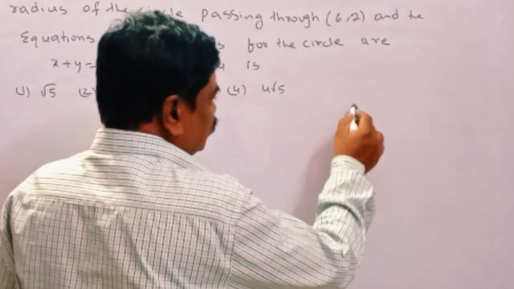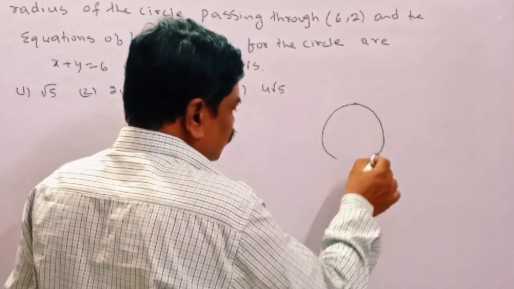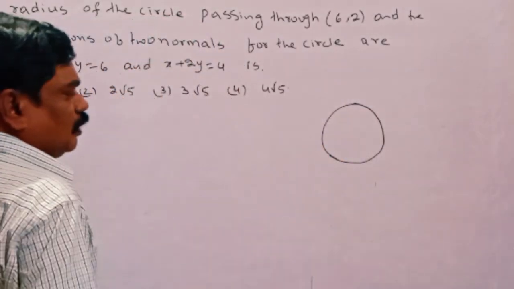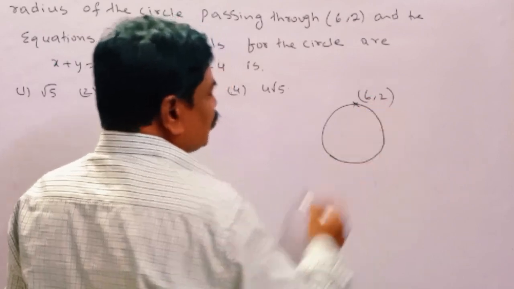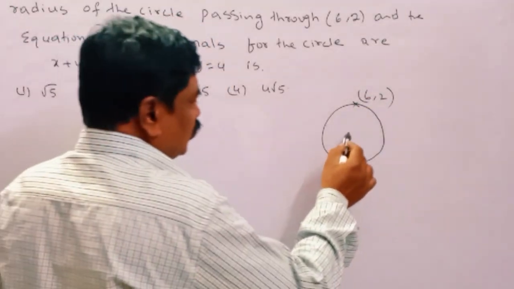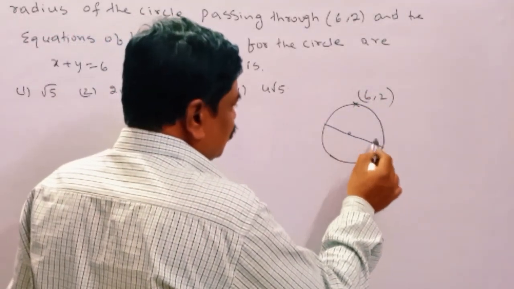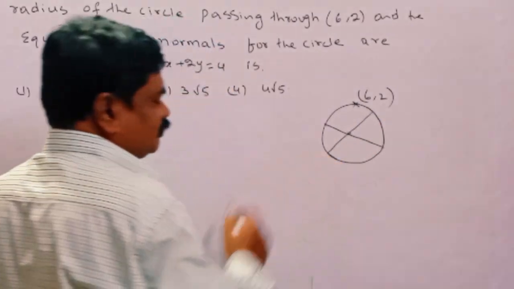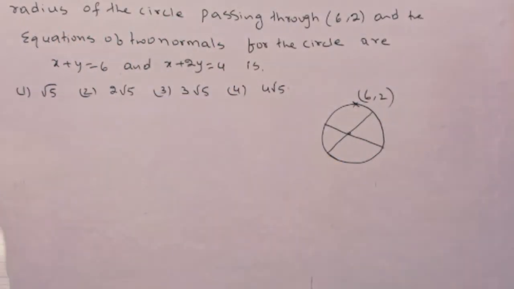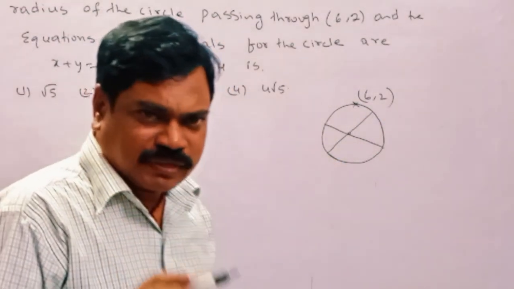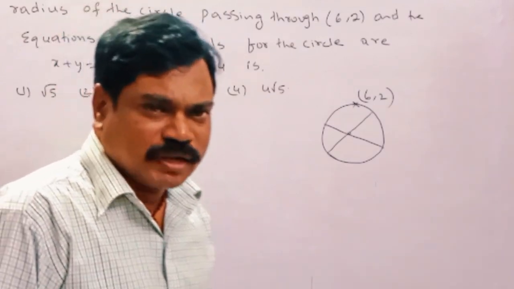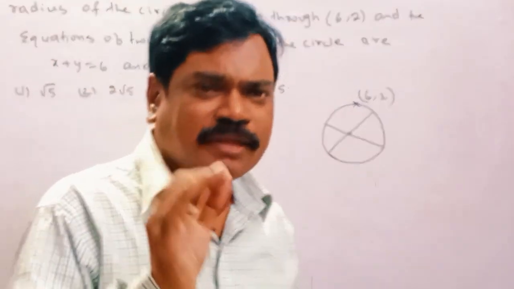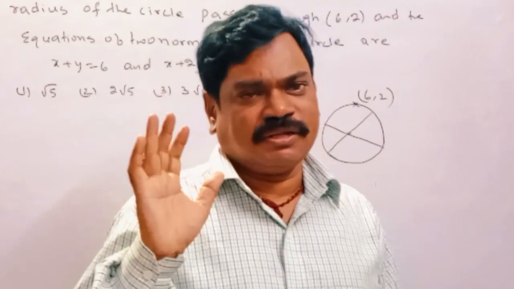So here you see this is the circle, and this circle passes through 6 comma 2 and has two normals. This is one normal, this is the other normal. A normal of a circle passes through the center of the circle. That's why the two normals intersect at the center of the circle.